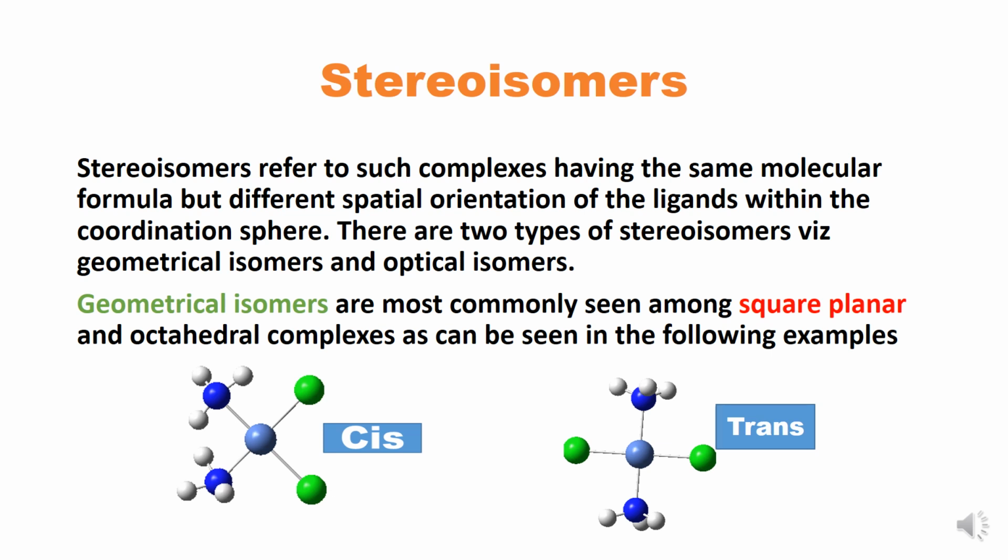These isomers are most commonly seen with the square planar and octahedral complexes. As you can see below, we may not want to give it a name for now, but look at that. The green ligands are arranged on the same right-hand side of the blue unit against the navy blue carrying three different white atoms arranged to the left.